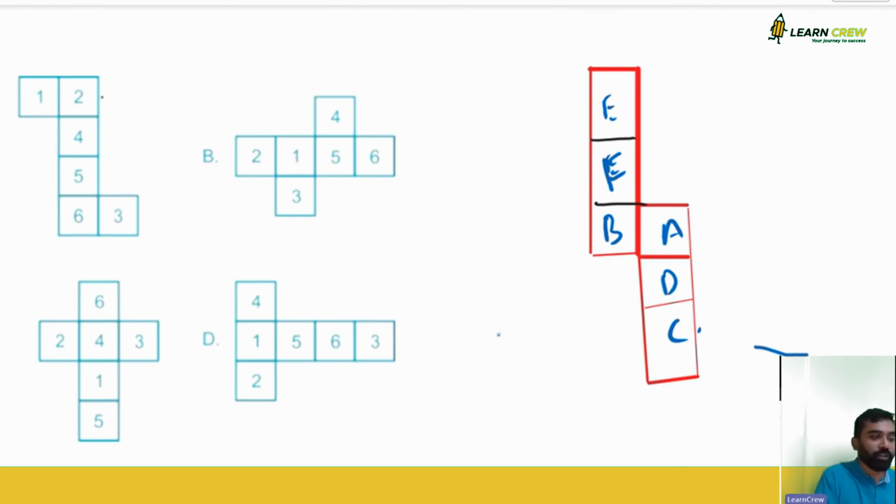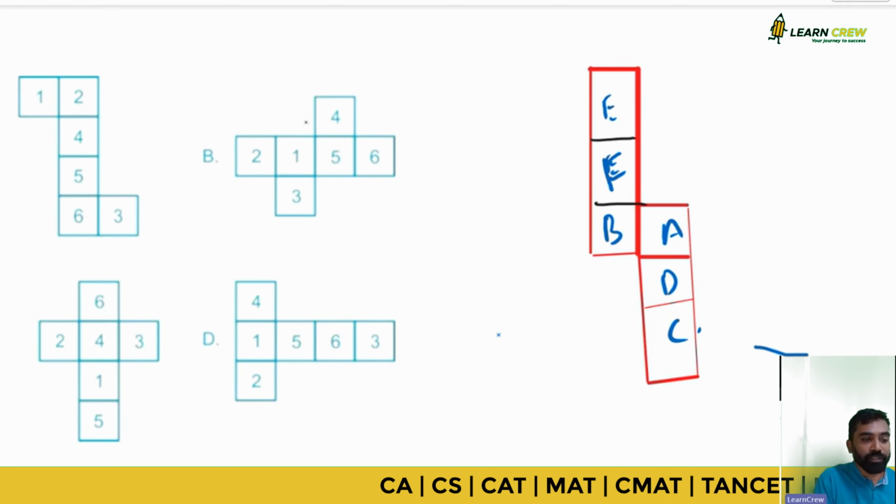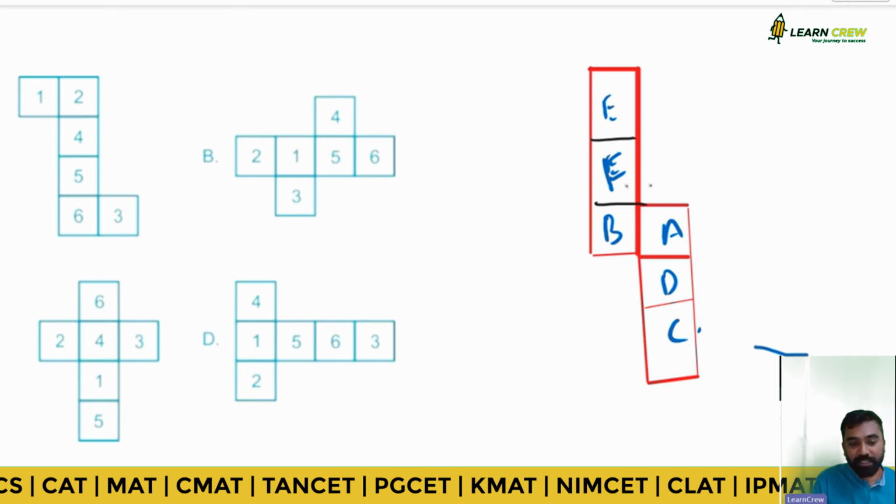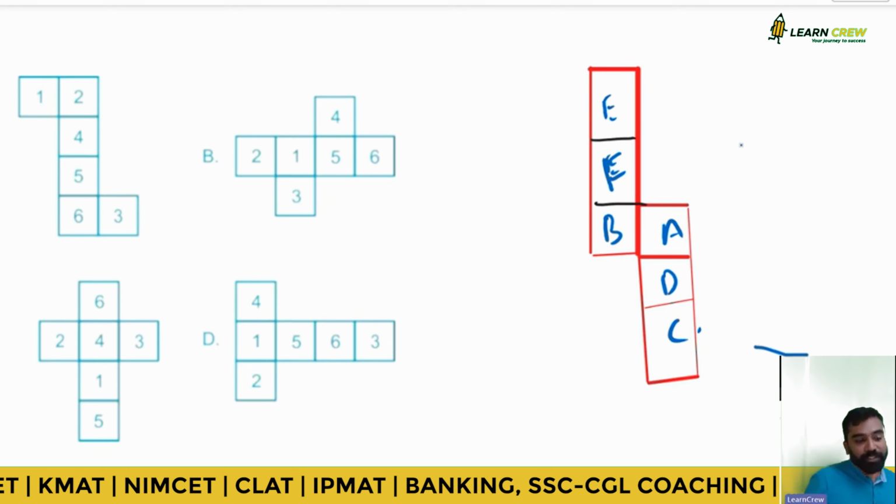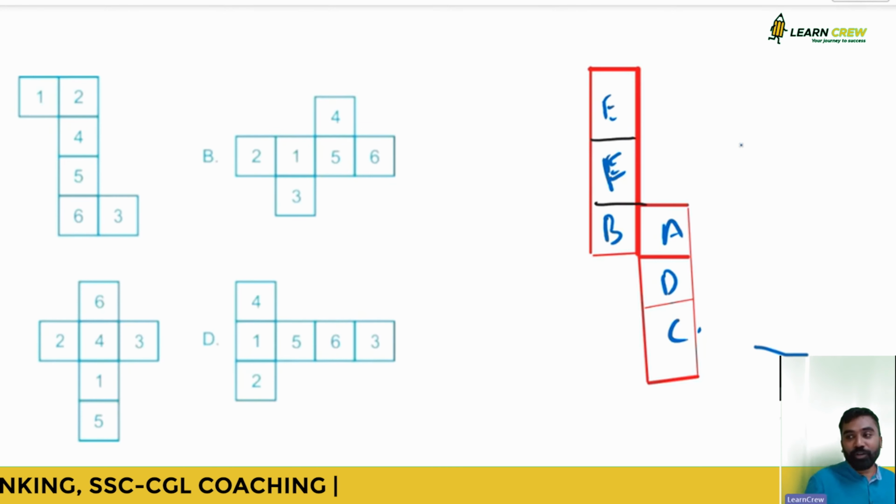The first figure 1, 2, 3, 4, 5, 6. This is open, this is open, this is open, this is open. And here I have kept a different type. Now, from these figures, can you tell me which number is opposite to which?